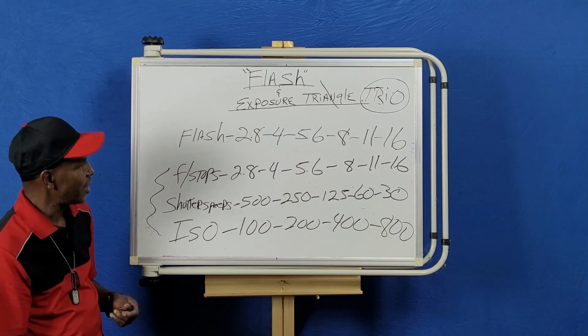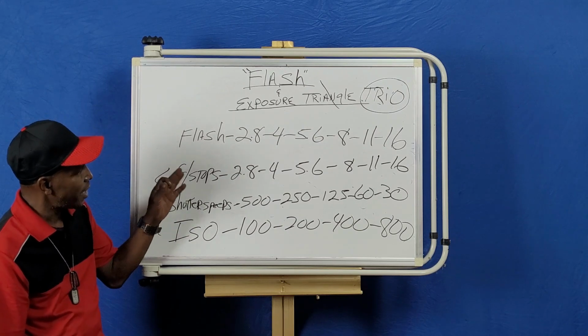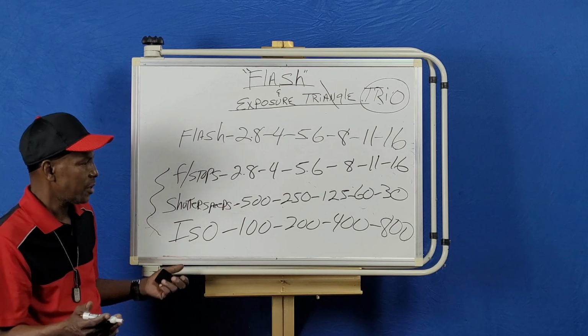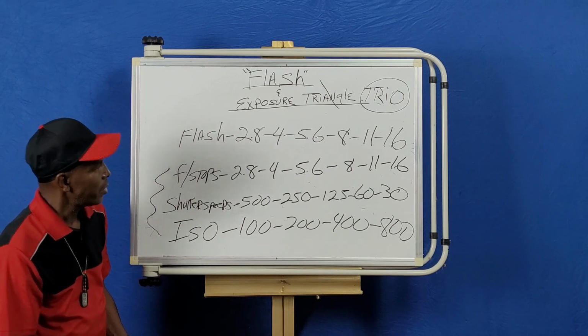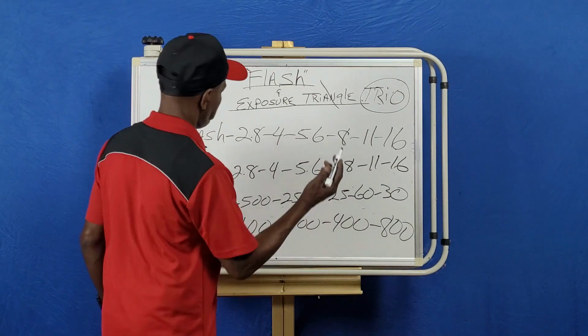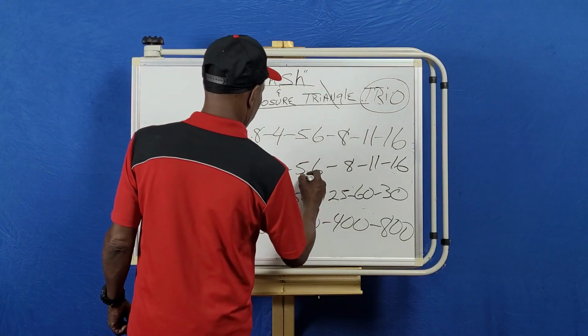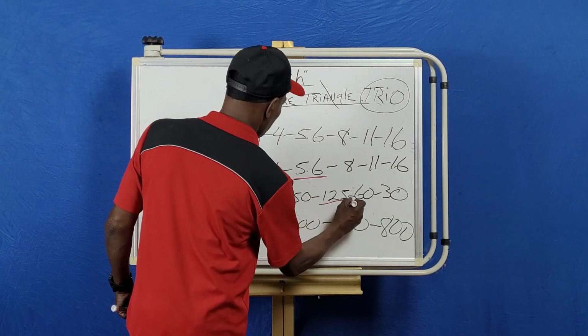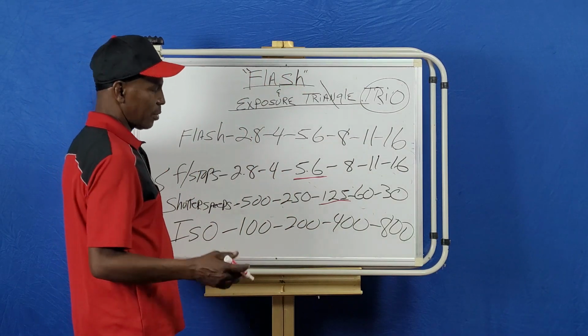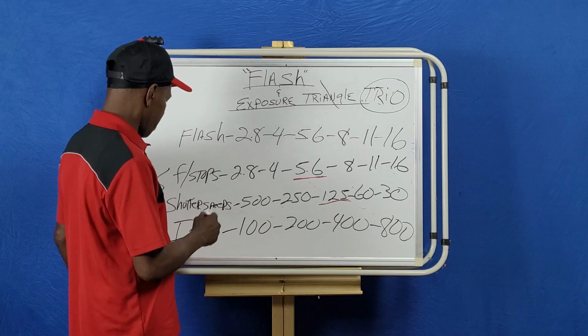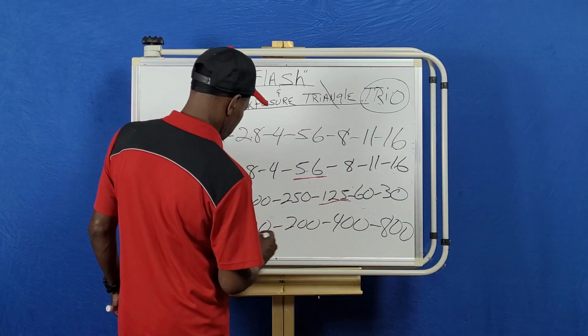So how does flash fit in? Before we do that, let's go into a scenario. Let's say for this scenario, we're at, I don't know, 5.6, 1/125th of a second is our working f-stop that we determine is a proper exposure. And let's say ISO 100.